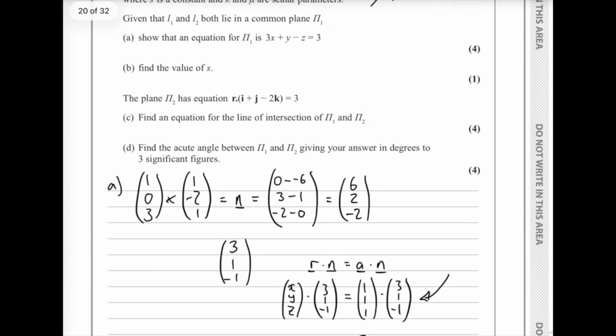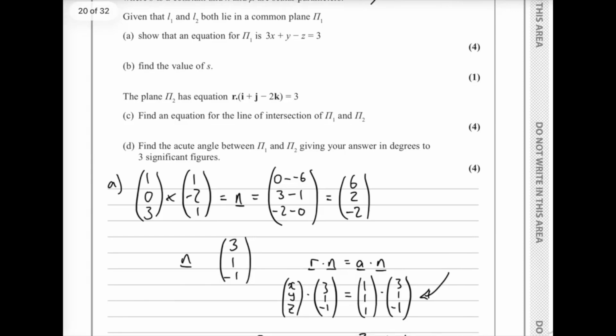Part C, the plane pi2 has equation this. Find an equation for the line of intersection of pi1 and pi2. The line of intersection of two planes is in the direction that is perpendicular to both of their normals. So if I call this n1 for pi1, then n2 from the equation here is 1, 1, minus 2, and to get the direction vector of the line of intersection, I need to cross n1 and n2.